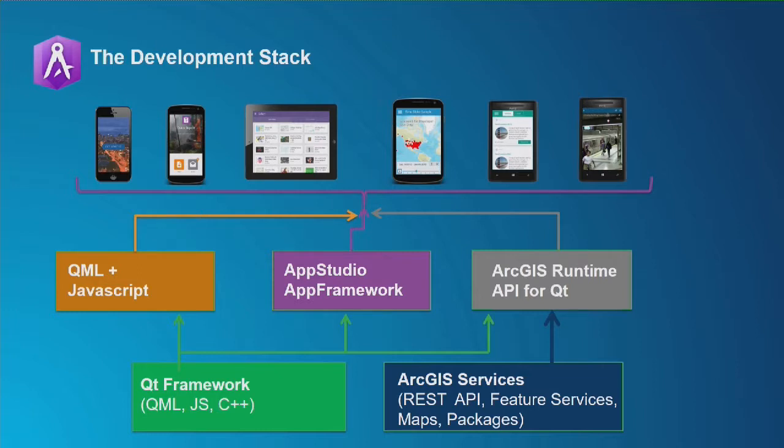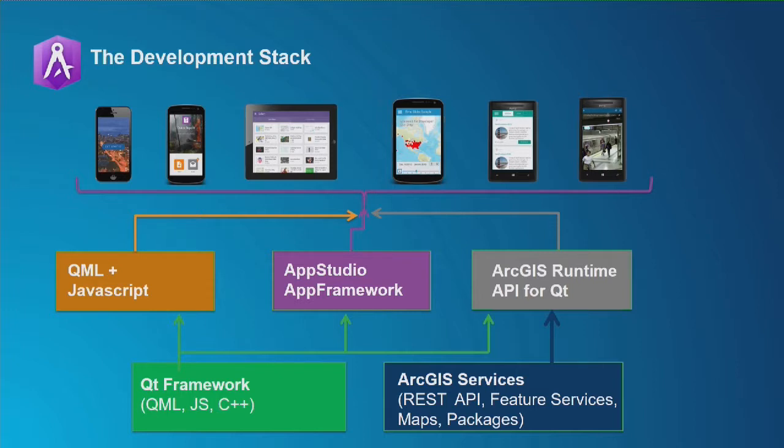And you can add ArcGIS Runtime so that you can bring in the GIS and mapping functionality in your app. I just want to make sure that all of the functionality that's available in the ArcGIS Runtime API for Qt QML can be added into the AppStudio application.